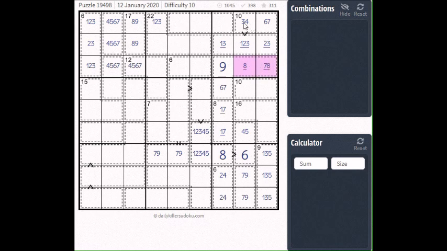Then this is 4, 6, and the 7 will have no place in this box because it's either here or here. We've eliminated it from here by supposing that this is 3, 8, and the 3 here would eliminate the 7 from being in the 10 here. So here we cannot have 2 or 3.